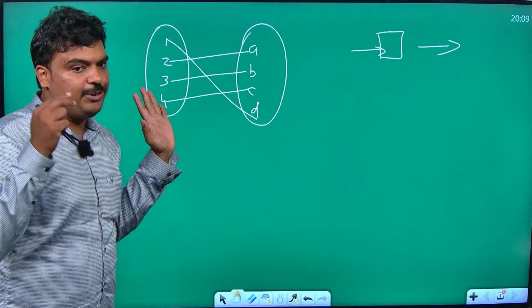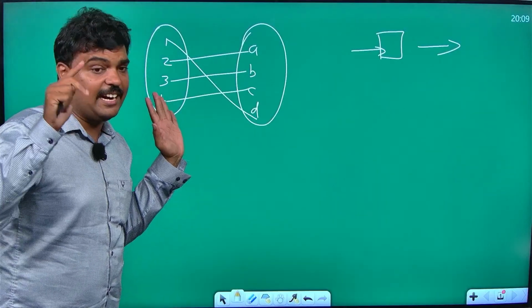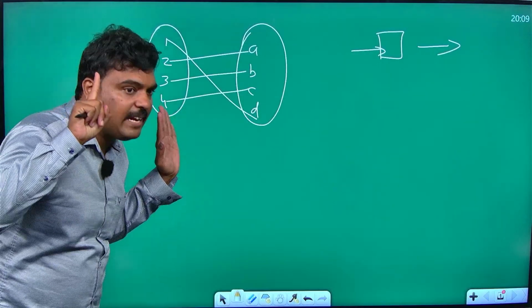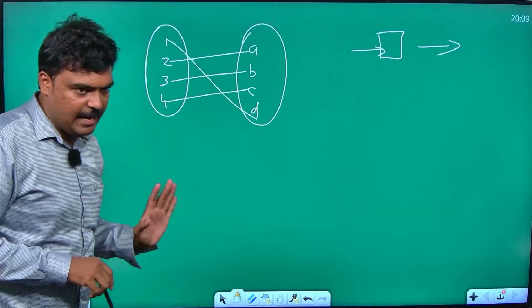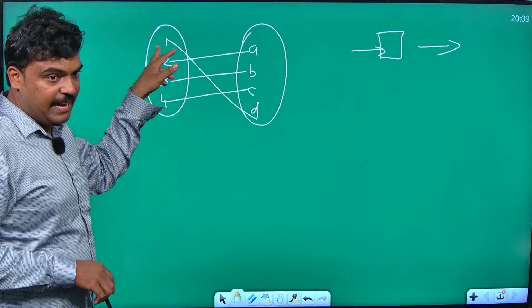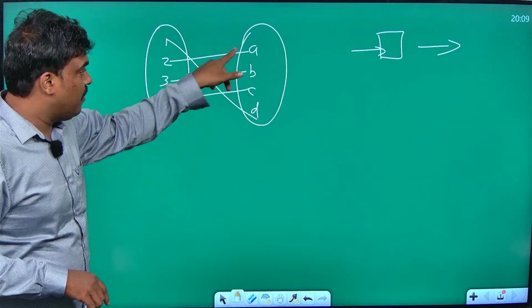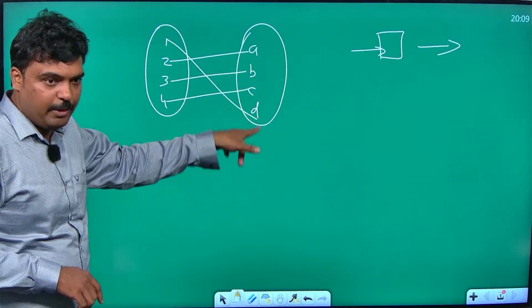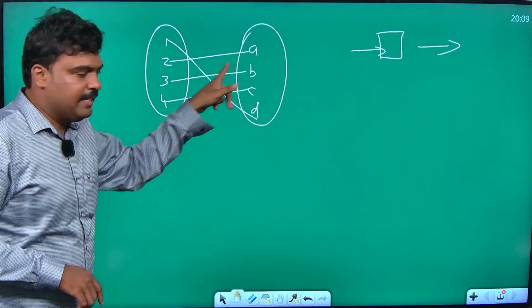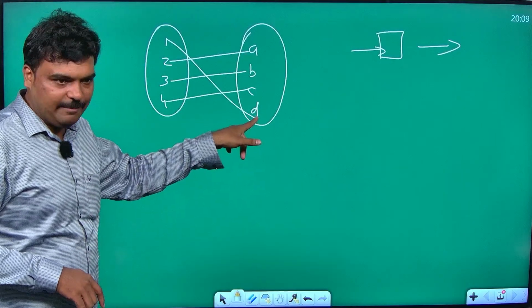Now we are going to check two things: one is injection, another one is surjection. Injectivity, surjectivity. What is the meaning of injectivity? We check whether each element in the codomain is reached from only one element of the domain. Here 1 has gone to D, no problem.